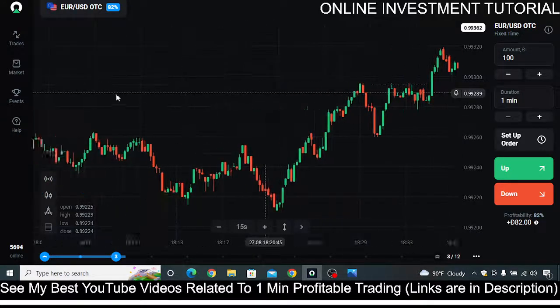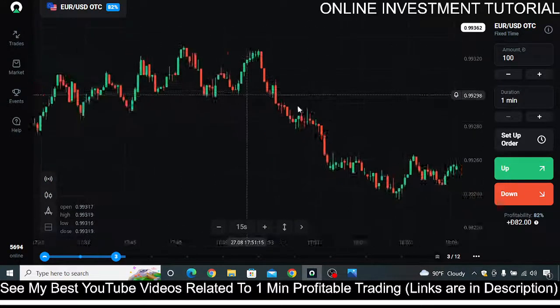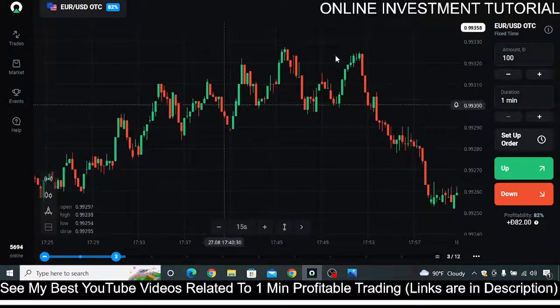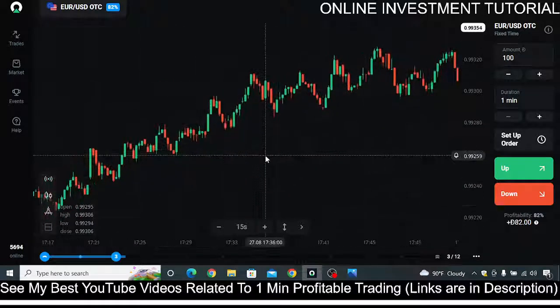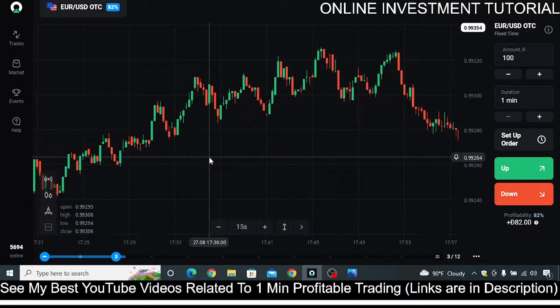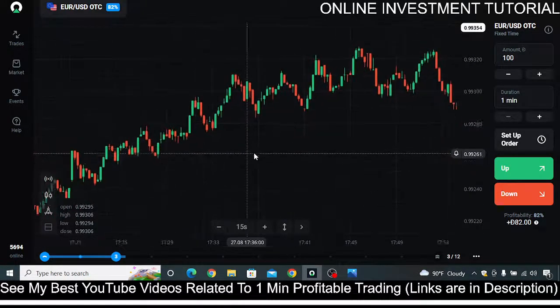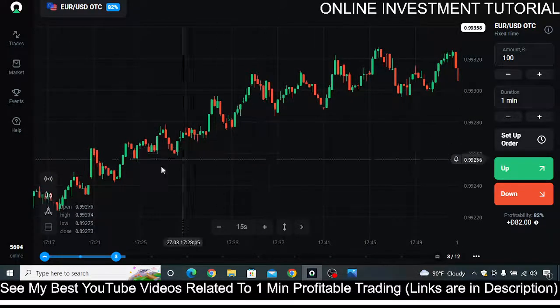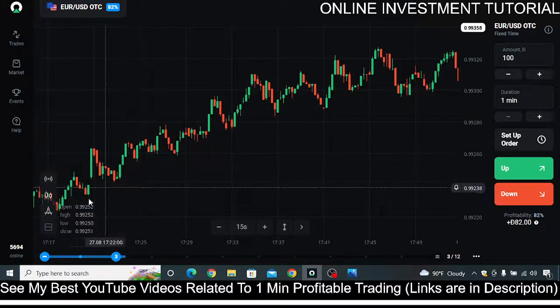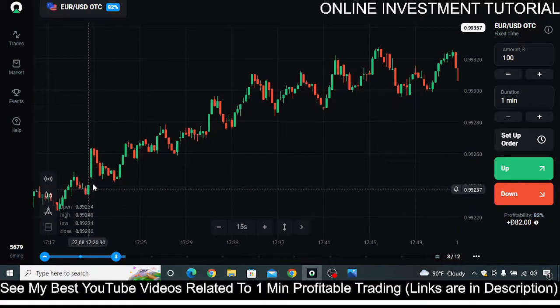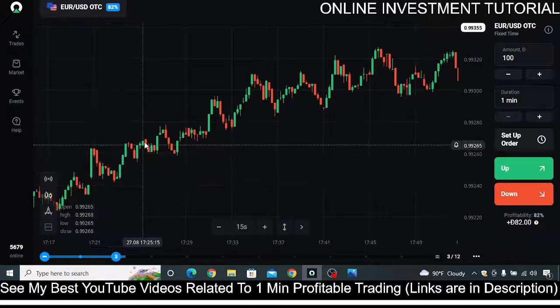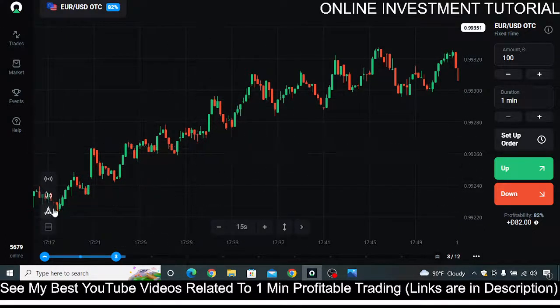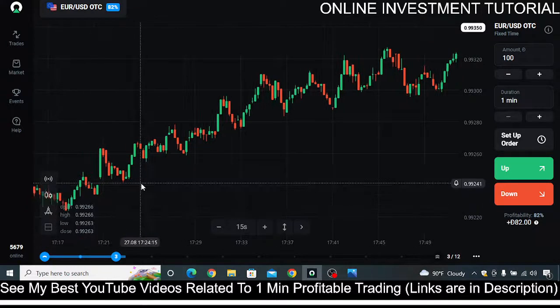Now let's check more. Here you can see a chart which you can use in order to make support and resistance trades, because it is showing a clear format. While building, it is going up, down, up, down, up, down, in this way. And you can draw a trend line.